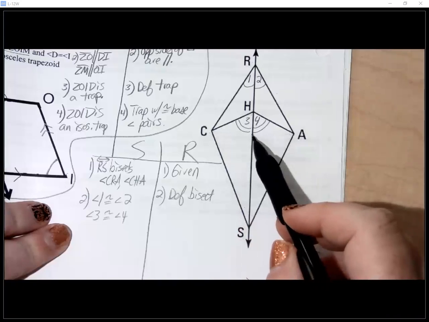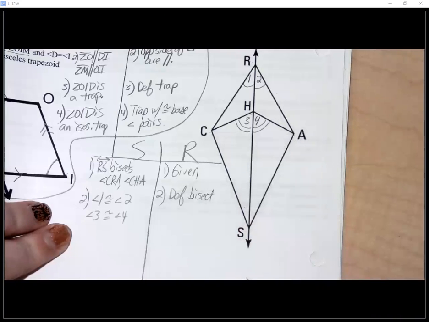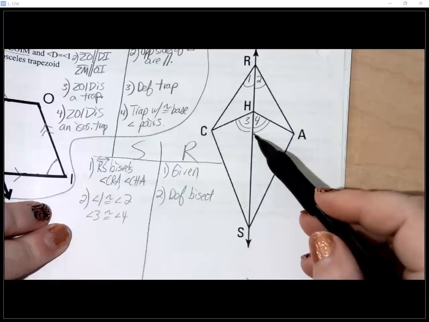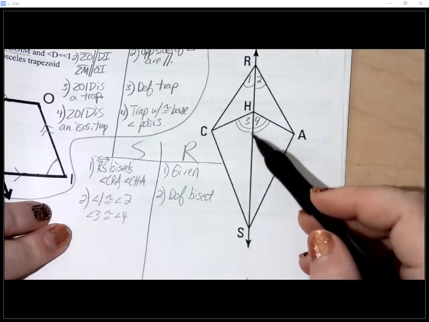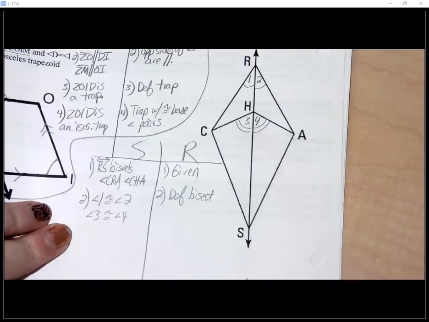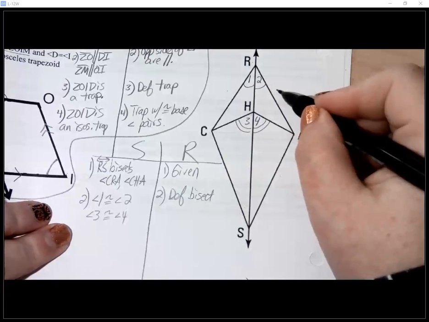Oh, wait, no, because I'd have to know that it's perpendicular first. Yeah, never mind. I thought I had a quick slick trick there, but I don't. So I'm probably not going to go with that one. I'm probably going to try and show that CR is the same as RA and AS the same as CS.